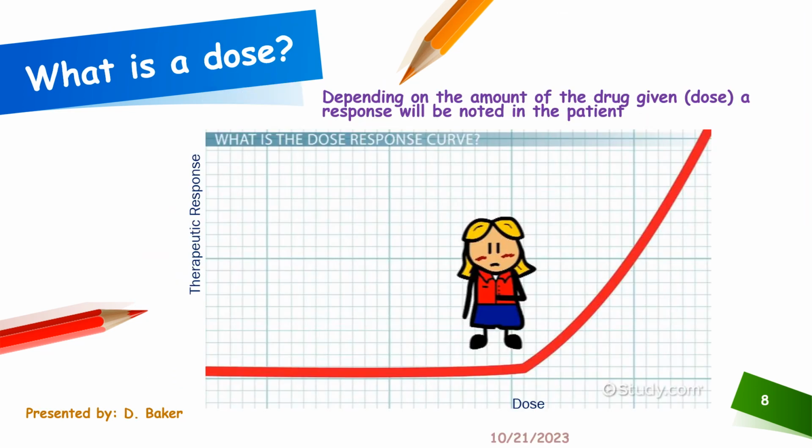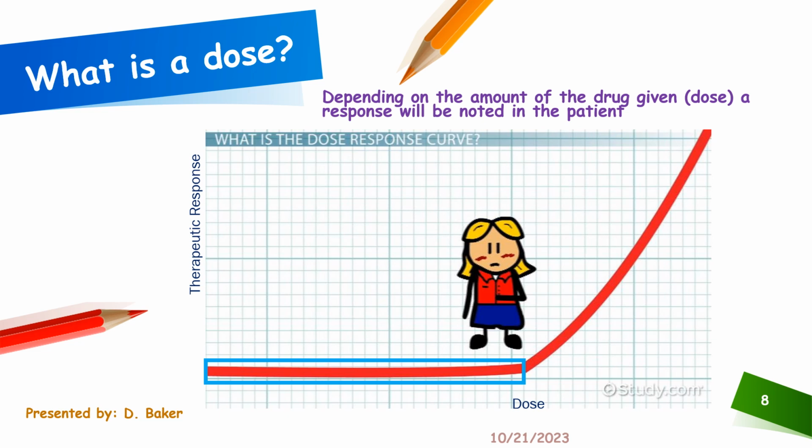Now, when someone takes a drug, the person is taking that drug to receive some benefit from the drug itself. It could be that they're taking the drug to manage a disease condition or to prevent the occurrence of diseases. Now, there is something that is known as the threshold dose.